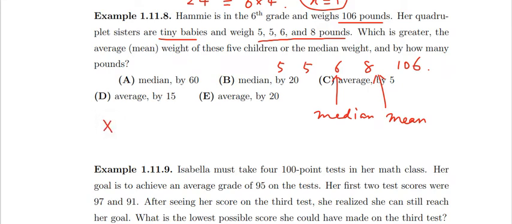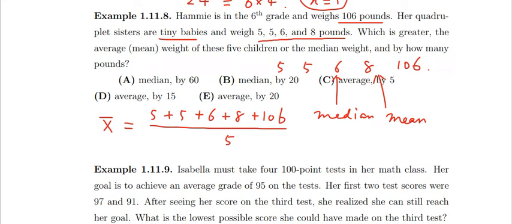The average, x bar, equals 5 plus 5 plus 6 plus 8 plus 106, divided by 5. So we can easily find this. Like this is 10, and this one 6, 16, and plus 8 is 24, plus 106 is 130.